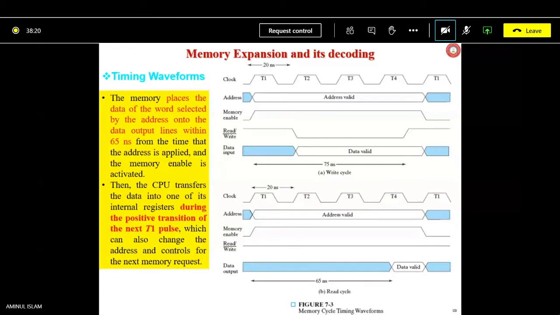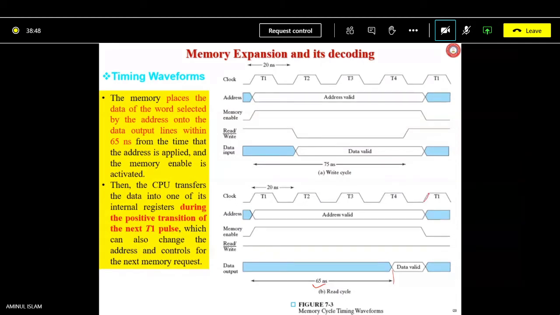The memory places the data of the word selected by the address onto the data lines within 65 nanoseconds. It takes 65 nanoseconds here; see, it is denoted here. After that only the data will be valid. Then the CPU transfers the data into one of its internal registers during the positive transition of the next T1 pulse.